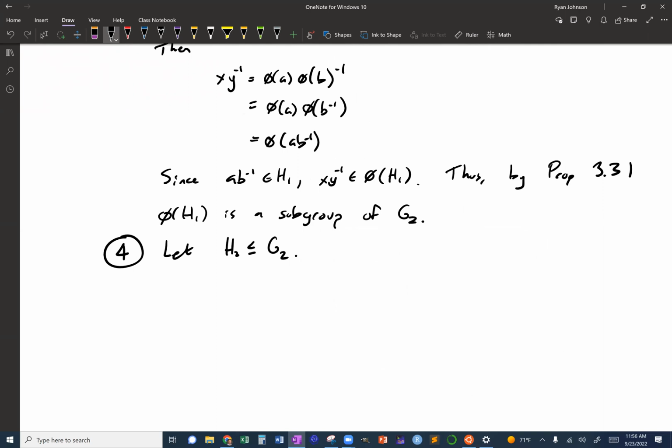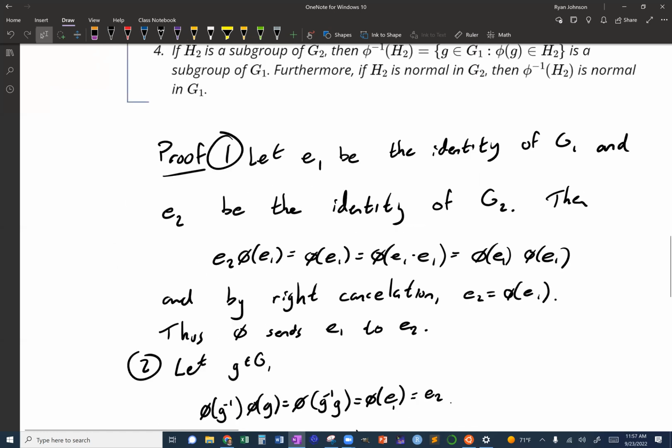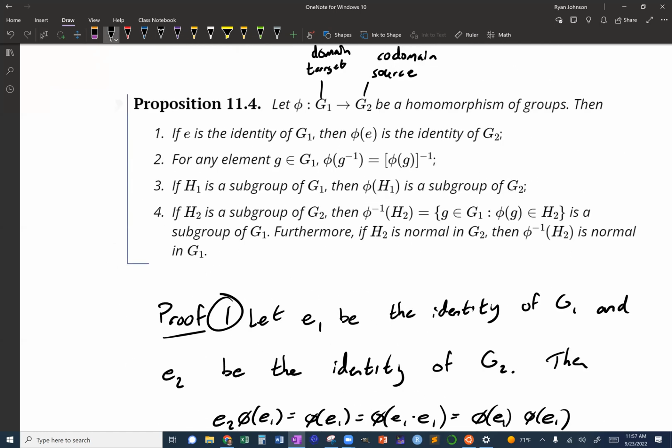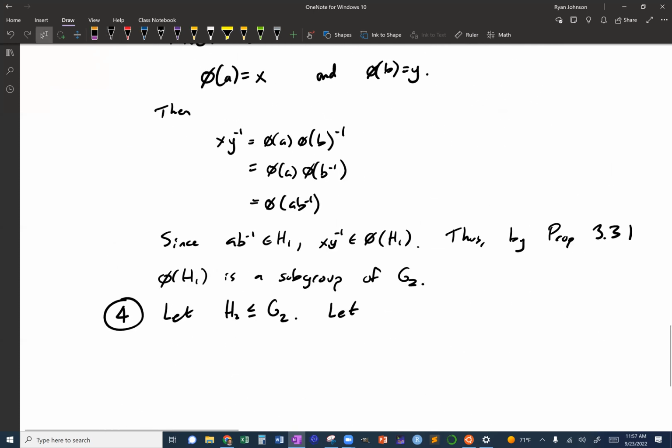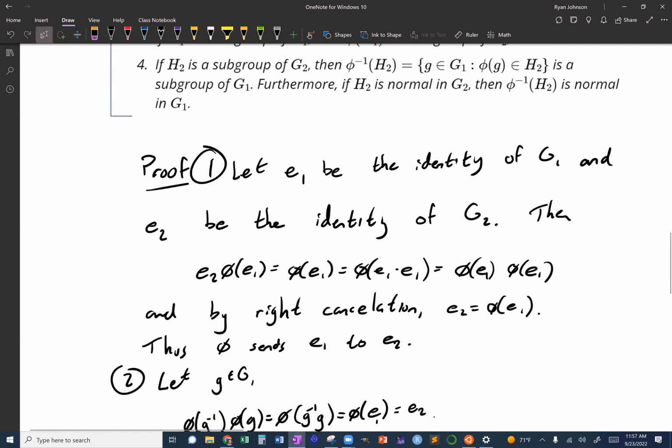I'm trying to show that phi inverse of H2 is a subgroup. So let A and B be elements of phi inverse of H2.